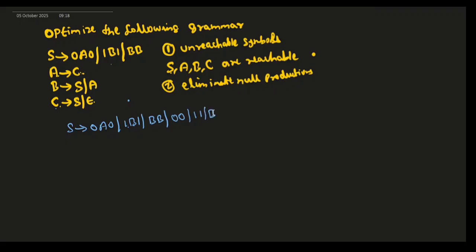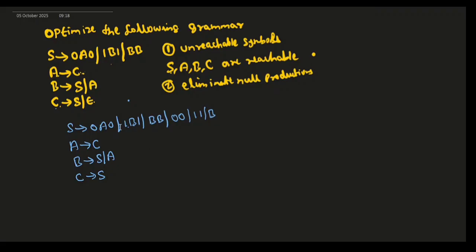You will get B. Now A can be generated as C, B can be generated as S and A, and C can be generated as S. I have substituted this epsilon here because we are not going to have epsilon once again, because the epsilon production has been eliminated now.